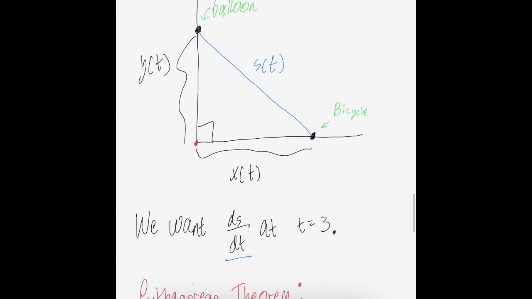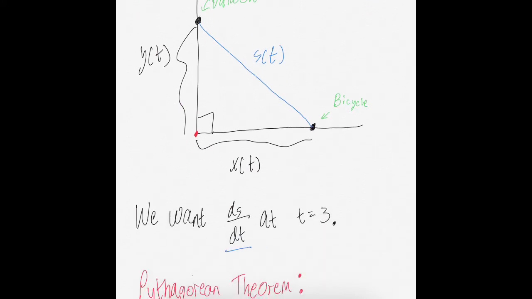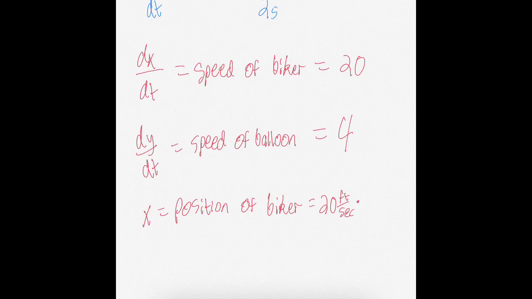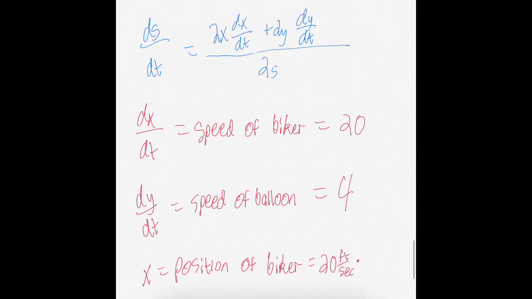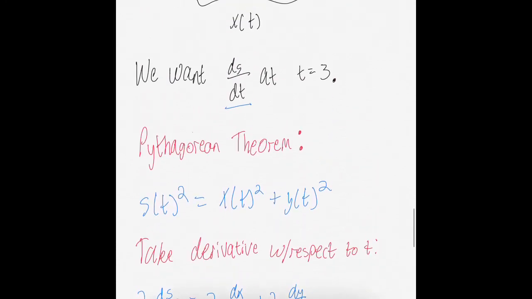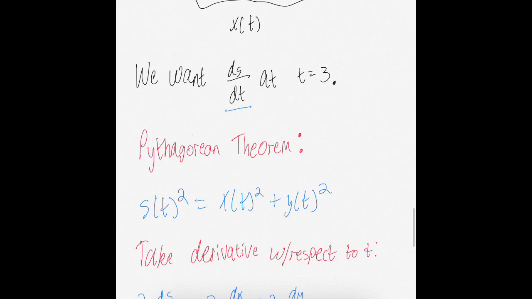Okay, now let's look at x. Well, x is going to be the position of the biker. If we look at this picture here, the length of the base is just how far the biker has gone. The biker is going 20 feet per second.